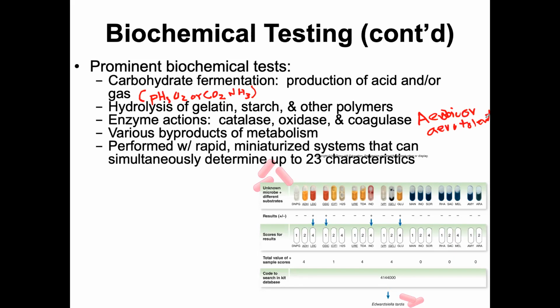Other products can be detected by rapid, tiny systems that pick up to 23 characteristics. And you can see some examples of those systems here, right? Unknown microbe and different substrates. This is going to be their negative control.